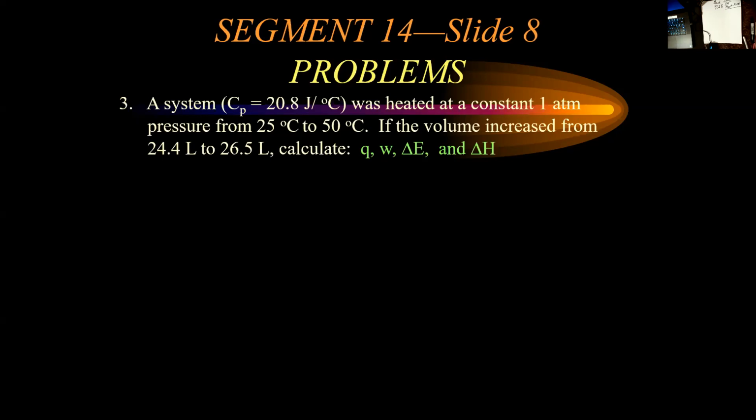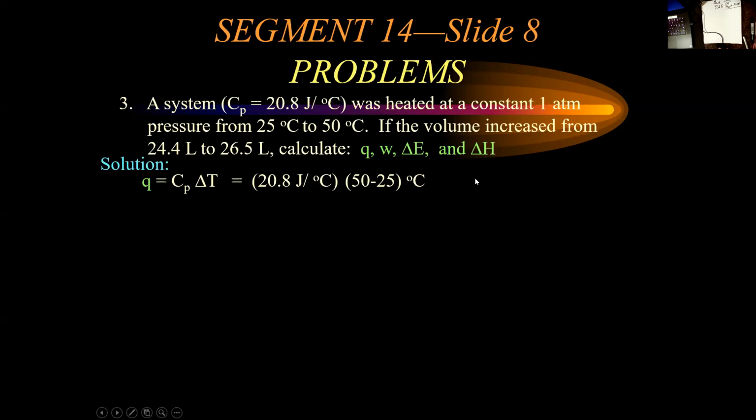Calculate all these functions: Q, W, delta E, and delta H. All right, so let's start working with it. Q is Cp times delta T. I know what the heat capacity is, and I know what the temperature change is, so I can do that calculation. So it's 20.8 joules per Celsius, and the temperature changes from 50 to 25, and that gives me the heat flow.